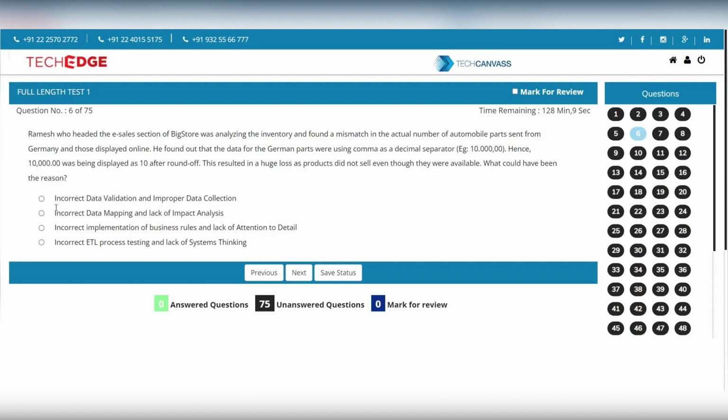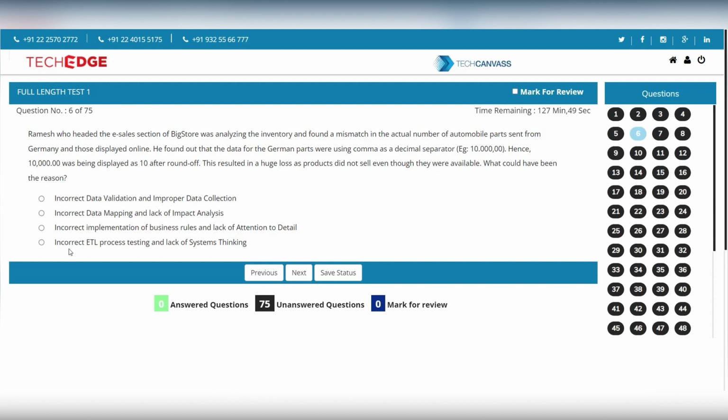The first option is incorrect data validation and improper data collection. Second, incorrect data mapping and lack of impact analysis. Third, incorrect implementation of business rules and lack of attention to detail.